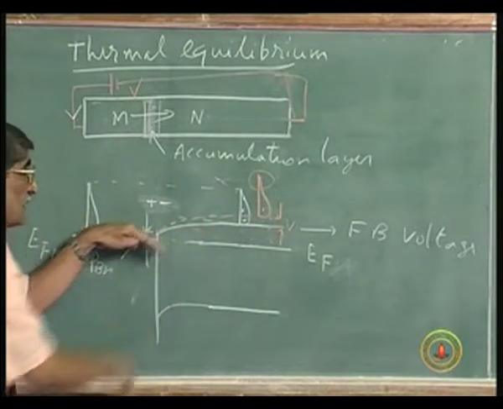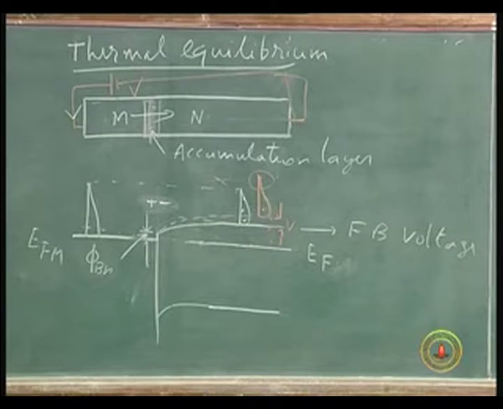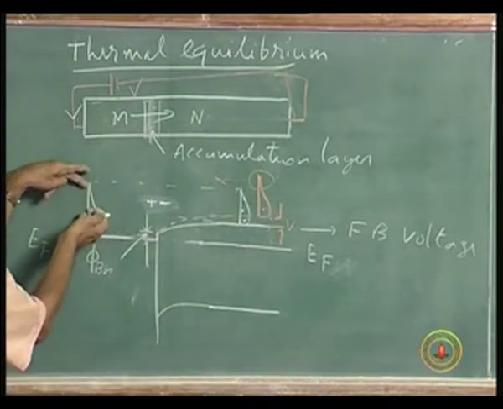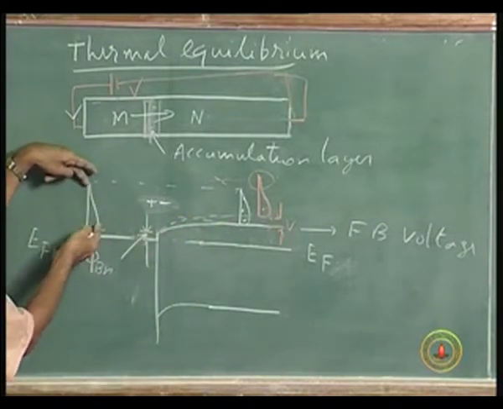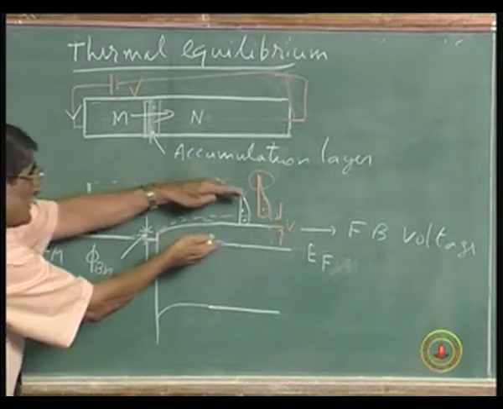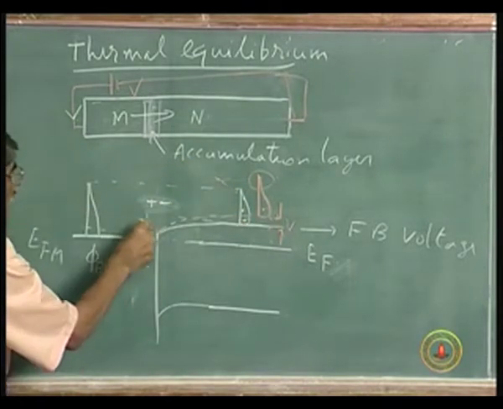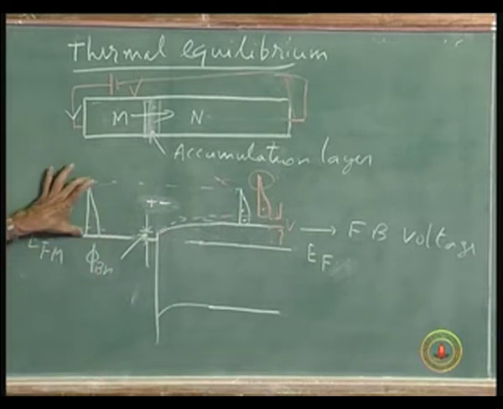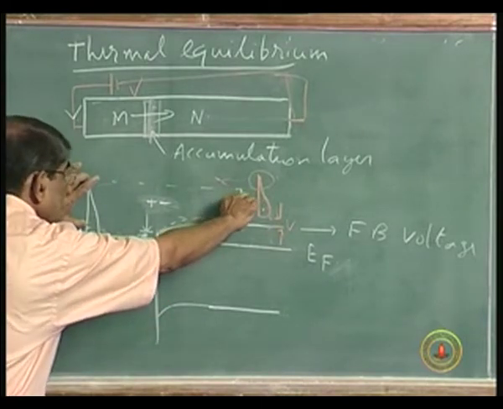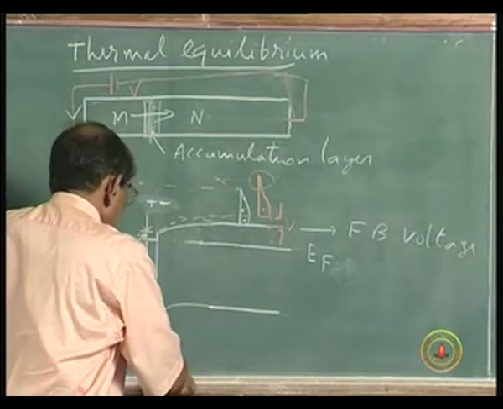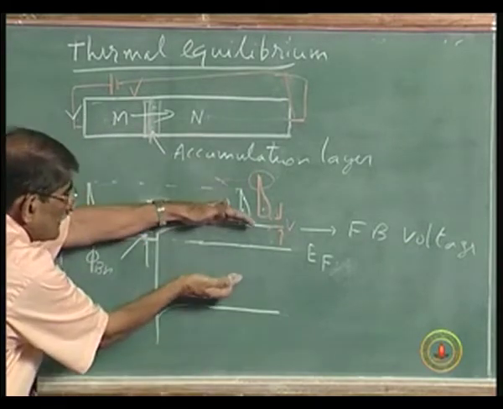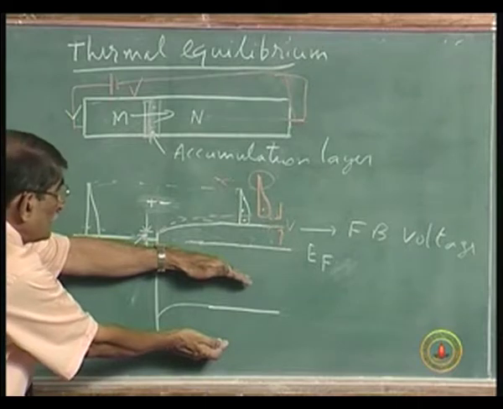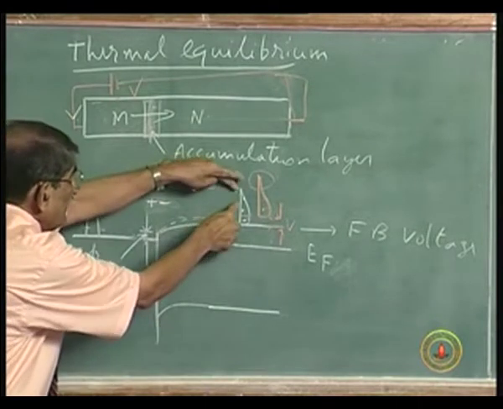If it pushes down, what happens? See here there is so much. Right now, at thermal equilibrium, only these are crossing. If I reverse bias it, this entire curve comes down.